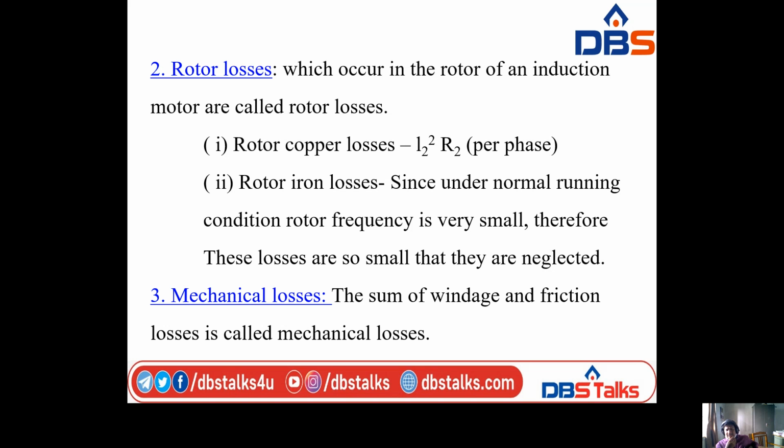Stator copper loss and stator iron loss are there, and rotor copper loss is available, but rotor iron loss is neglected. Then mechanical losses. The sum of windage and friction losses is called mechanical losses, also called rotational losses.